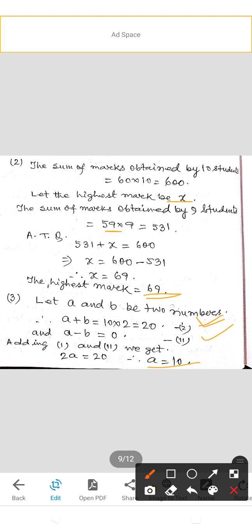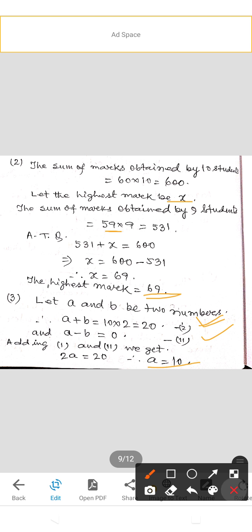So the sum of marks of 9 students, 531, plus the highest mark x, equals 600. So x equals 600 minus 531, therefore x equals 69. Therefore the highest mark obtained by the students equals 69.